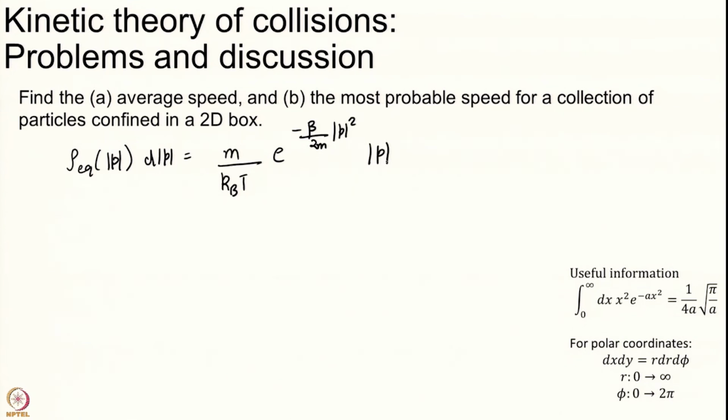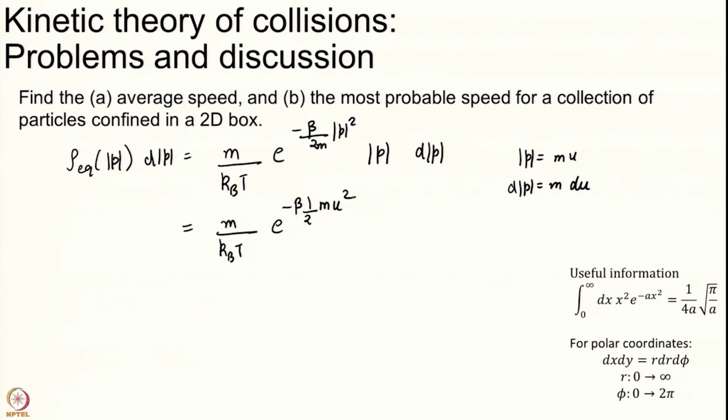Now, we are going to convert to speed, this is momentum. So, p is equal to mu, dp equal to m du. So, we will just replace these things carefully. So, if I do this thing here, you can quickly verify this is mu square, mod p becomes mu and dp becomes m du.